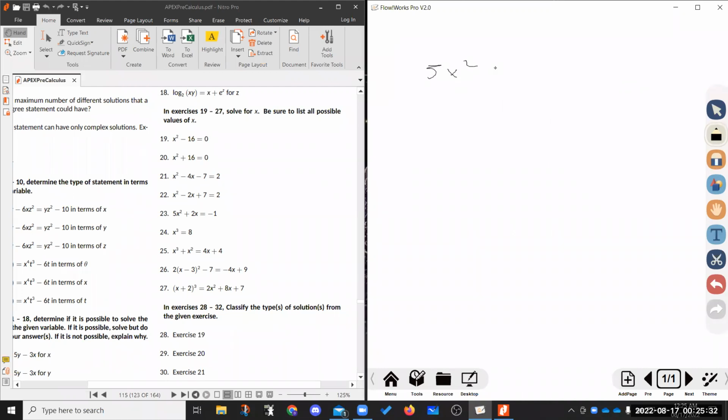Five x squared plus 2x is equal to negative 1. Let's see if perhaps I can bring this about where, no, that's not going to work. I'm just going to show you it's not going to work. There are no factors of 5 that add to give me 2. So I'm going to go ahead and divide everything by 5 here.